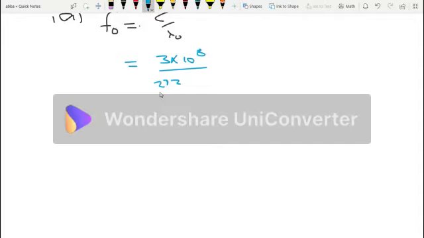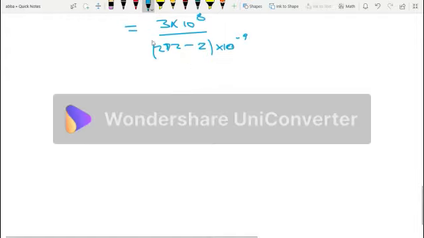So now the wavelength corresponds to the threshold frequency. If we go to the table, from the table we have to subtract 272 by 2, then multiply this by 10 to the negative 9. That's basically what we need to do.